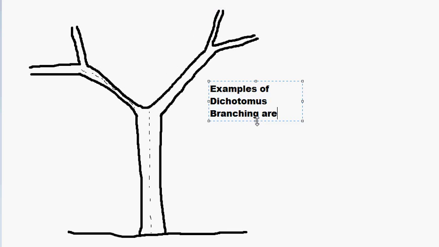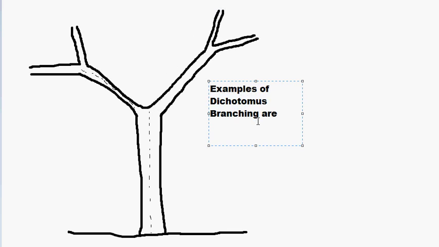So what can be the examples of dichotomous branching? Let's give a few examples. Examples of dichotomous branching are, okay, first of all, you may have heard of the plant Pandanus when I was talking about stilt roots.